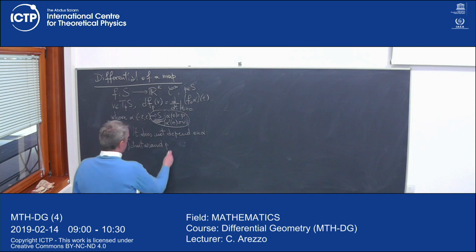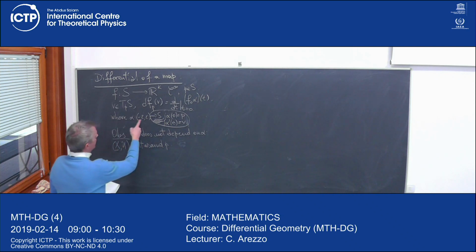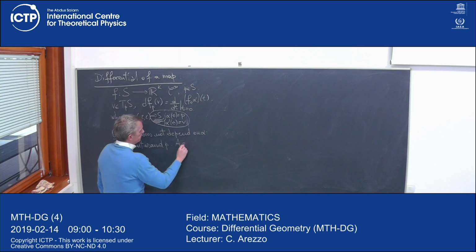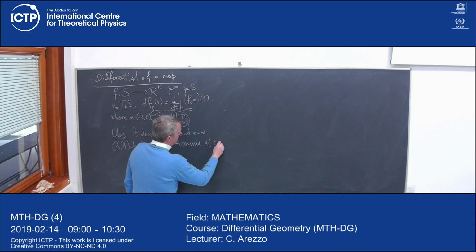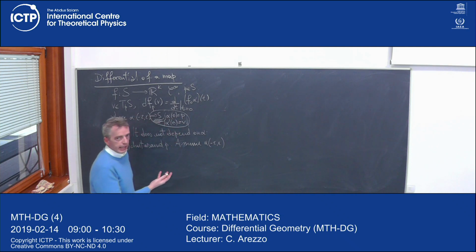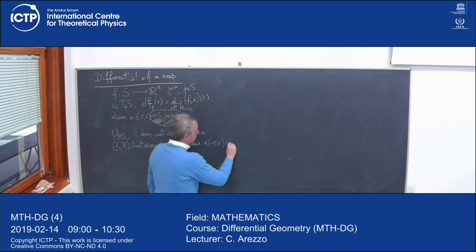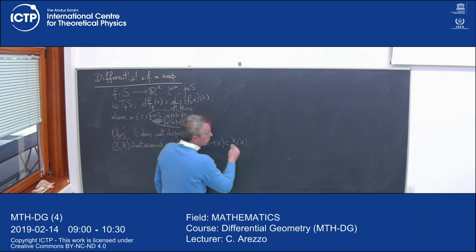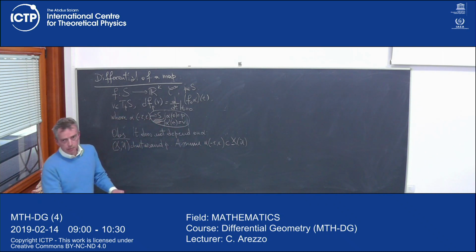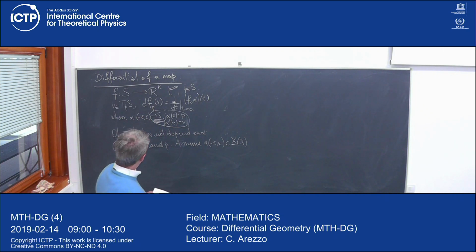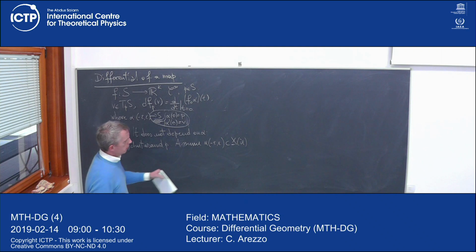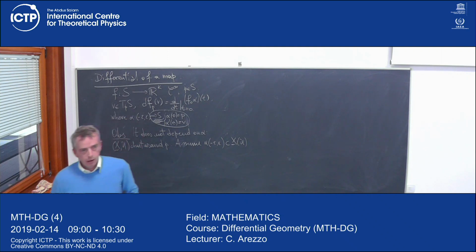In which situation are we? We have this curve. Now, of course, assume I have taken epsilon sufficiently small such that alpha of the interval is contained in X of U. I can always do it because U is an open set containing the preimage of p, chart around p, so alpha must be contained in it if epsilon is sufficiently small.